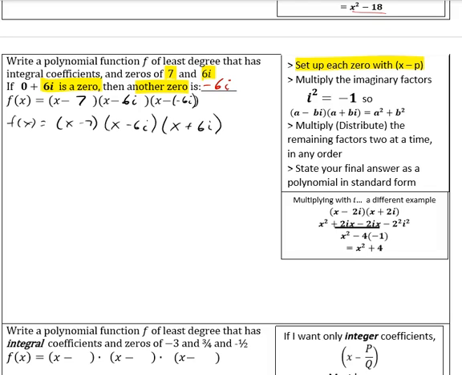Next step, multiply the imaginary factors. I squared equals a negative 1. So a minus bi times a plus bi equals a squared plus b squared. So when I see this here, I'm going to multiply those first. That's x squared plus 6ix minus 6ix minus 6 squared i squared.